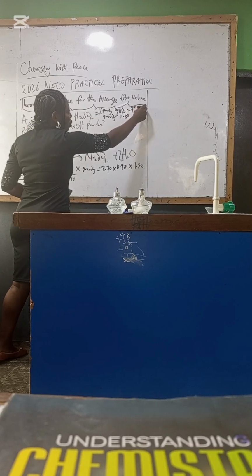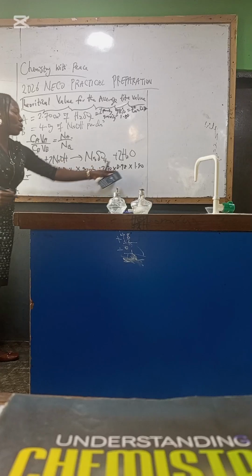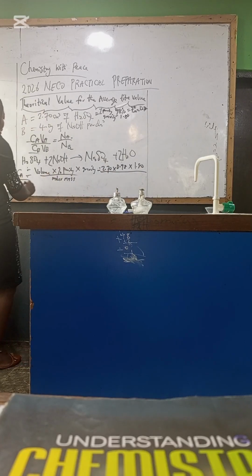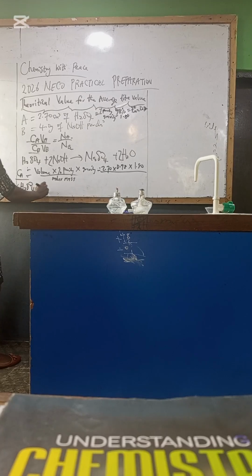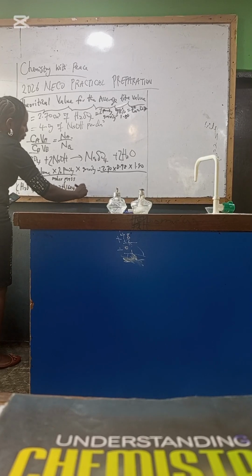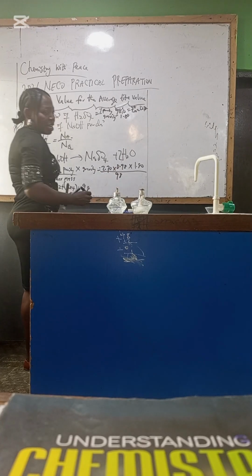That's how I got 0.98. All over molar mass. The molar mass for H2SO4 is equal to 1 times 2 plus 32 plus 16 times 4, and that will give us 98. So our molar mass is equal to 98.